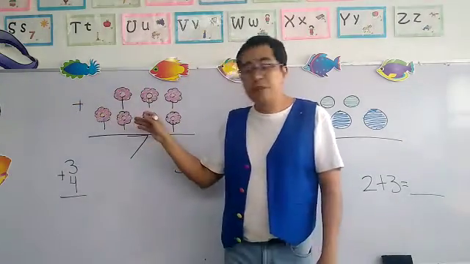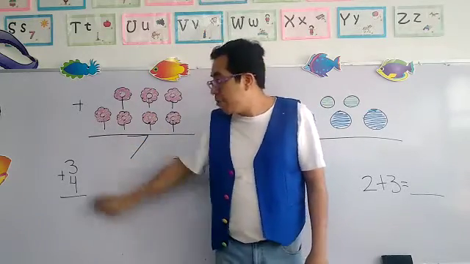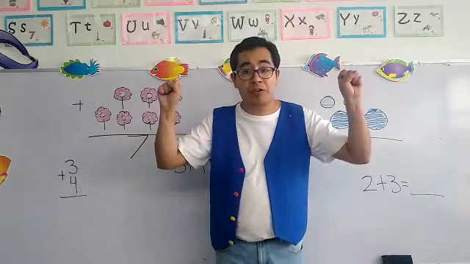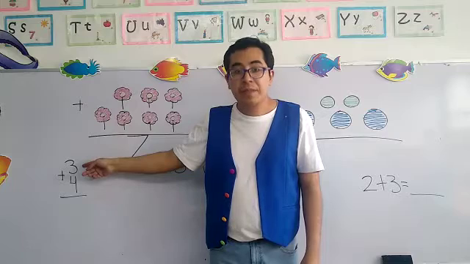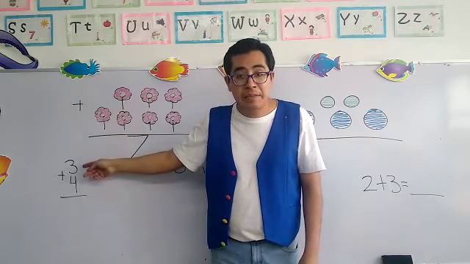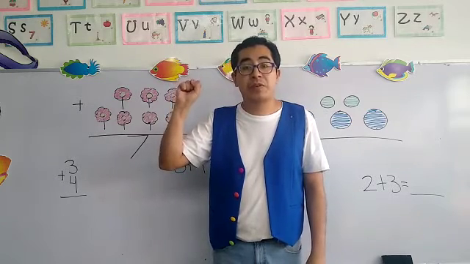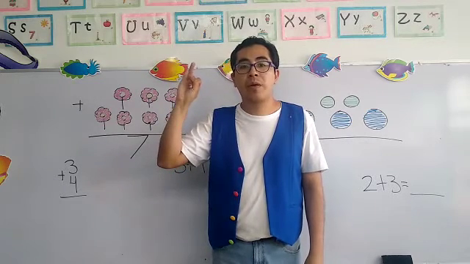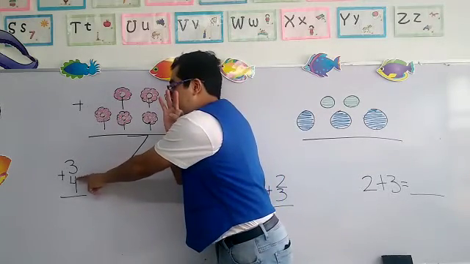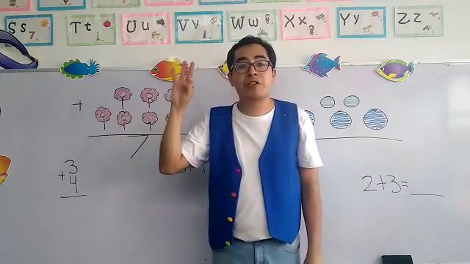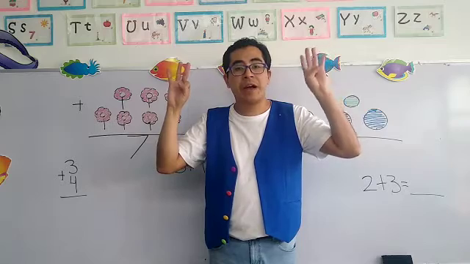Now, under this first addition, we have a second one. Now, in this part, we are going to use our fingers. Remember, the first number that appears here, what number is it? Number 3. That means that in the first hand, we're going to raise 3 fingers. 1, 2, and 3. Now, in the second hand, how many fingers? 4 fingers in the second hand. 1, 2, 3, and 4.